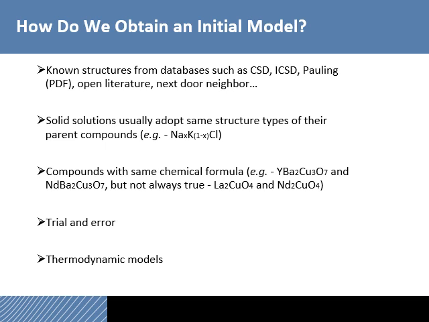You might be able to use the structure file for that as a prototype model for neodymium barium copper oxide. It is not always true. And then we have an example of a case where it isn't true. It is very typically true if you're dealing with rare earth elements that substitution works pretty well as prototype models.